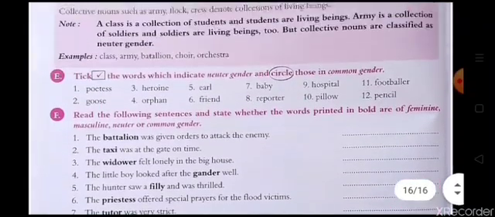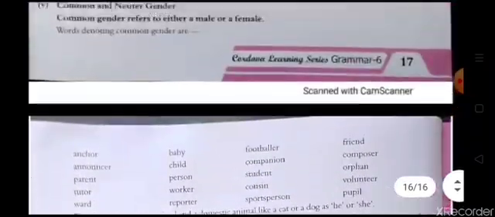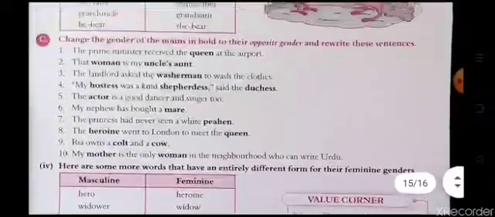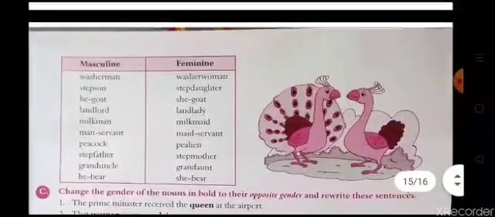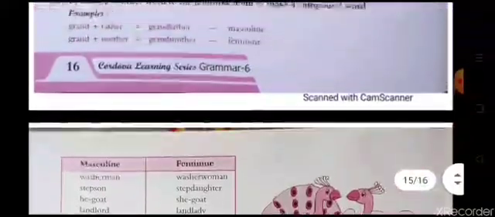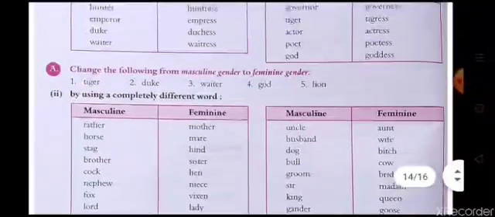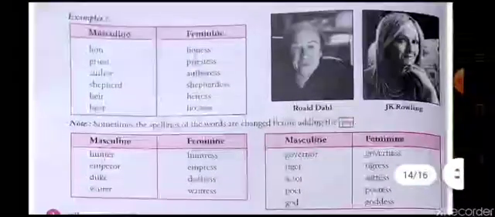So all the exercises you have to complete in your copies and as well as in this book also, and learn the masculine and feminine gender and the formation of masculine and feminine gender.